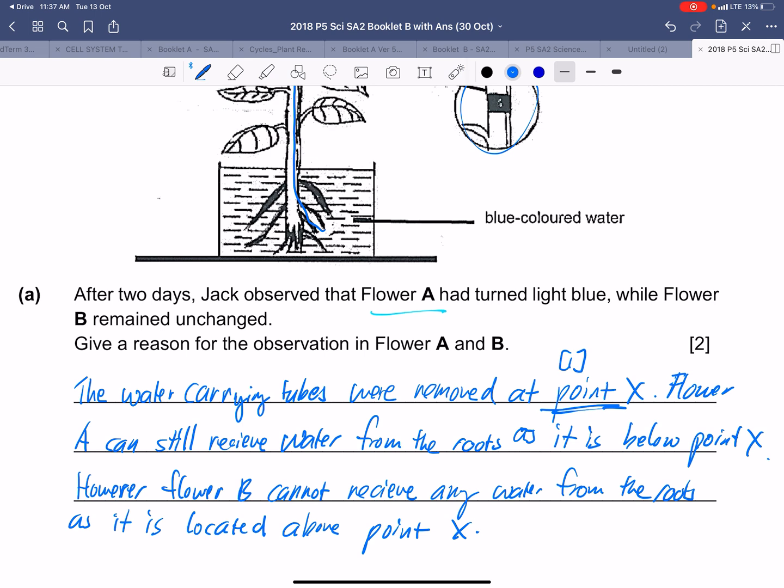So if it's above, then obviously no more water carrying tubes, so it is not able to receive it. But you must justify why. So by telling me the location is above point X, you justify already. So that's how clear you need to be.